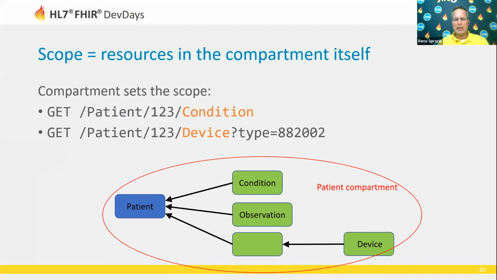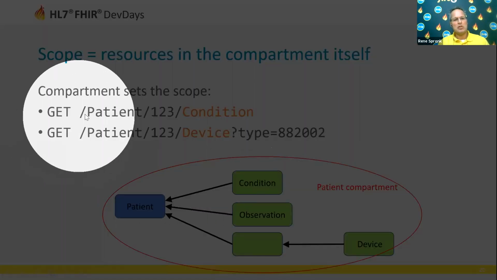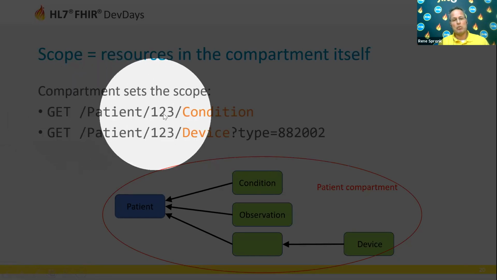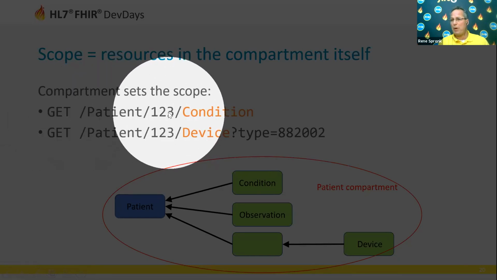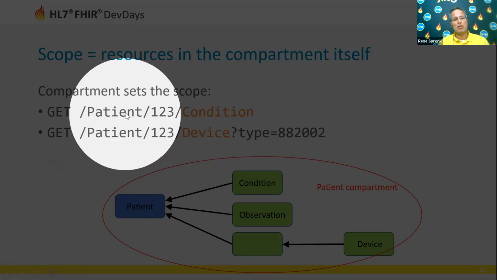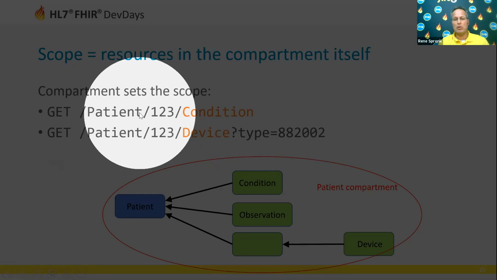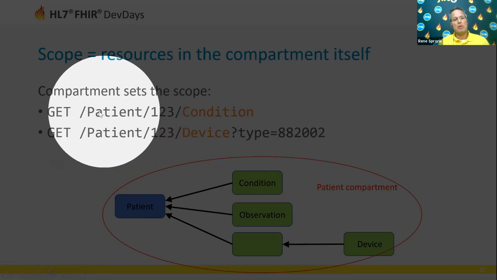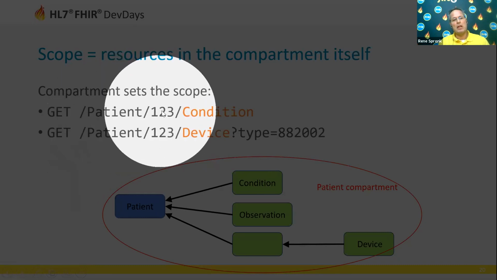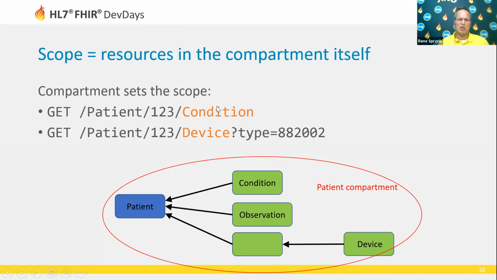So if you do a thing like this, and this looks like a normal search, like a normal get patient 123, because for compartment-based searches, you have to identify what patient compartment you're referring to. So I'm talking about patient 123 / condition. You go like, what? That's a bit of a strange syntax, right?